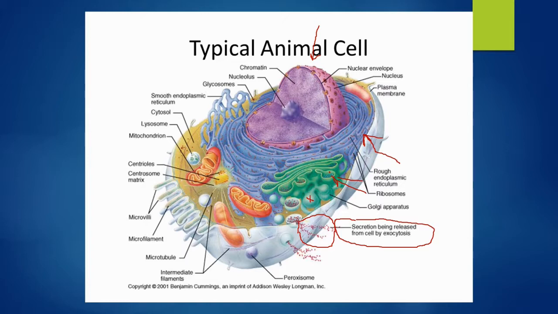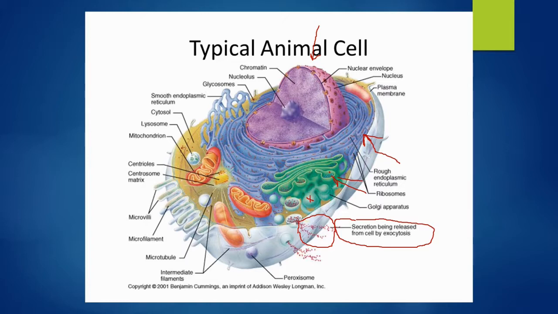So if you remember back to Biology 101, genes in the nucleus result in the production of messenger RNA. The production of messenger RNA, we refer to that as transcription.